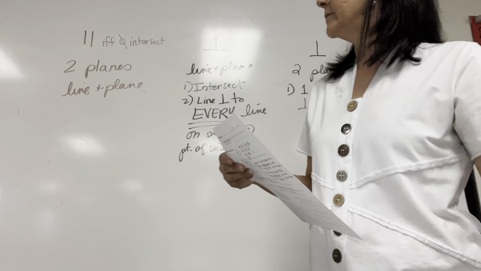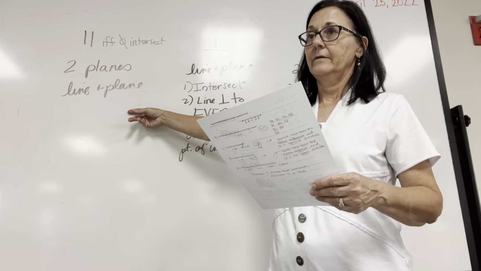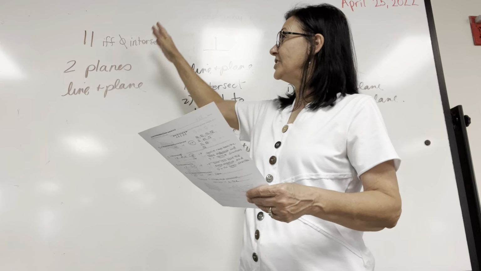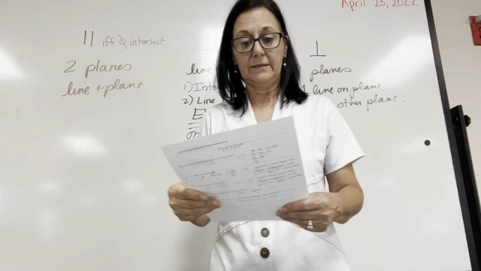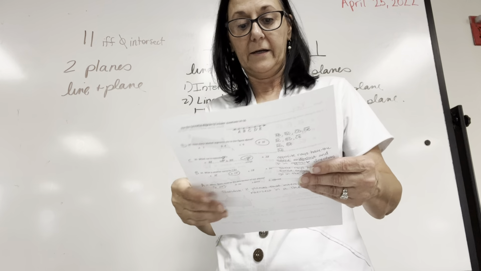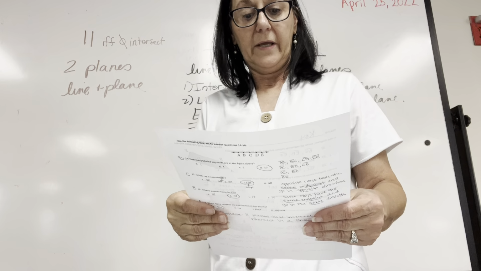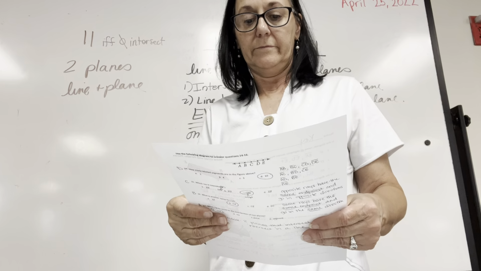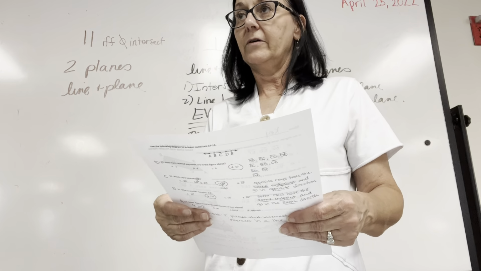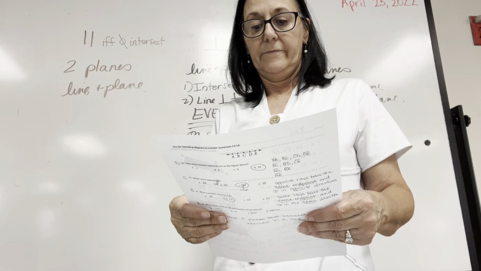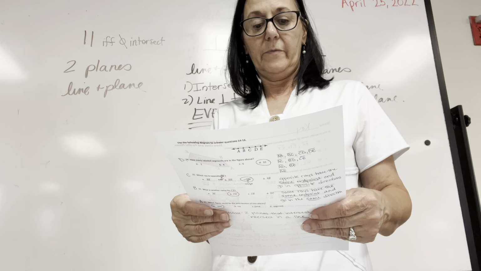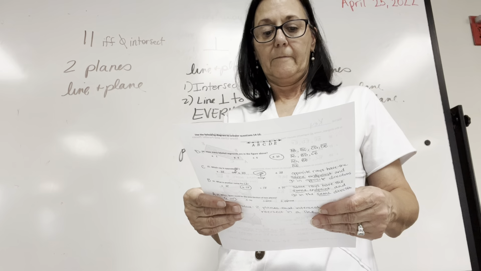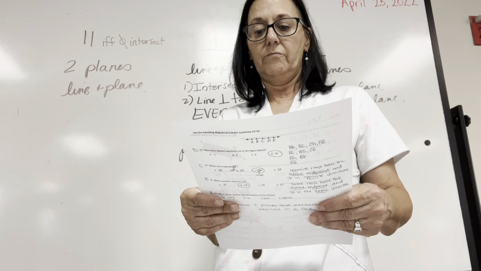What's required for parallel lines with planes? They just don't intersect. Okay, they don't intersect. All right. So what would be one of them? CL. Yes. Alexa, what would be another one? CD.